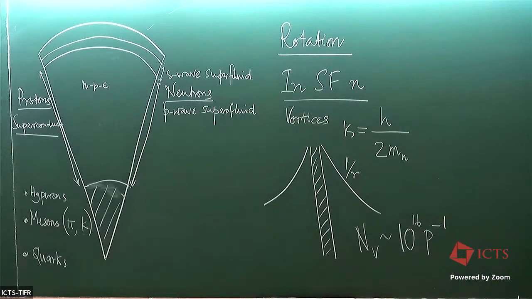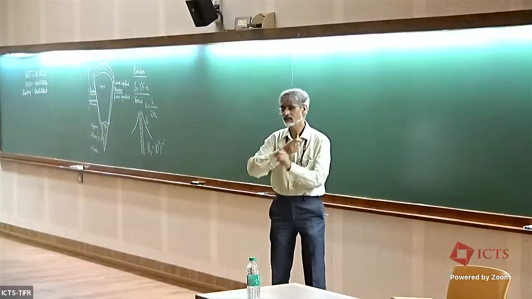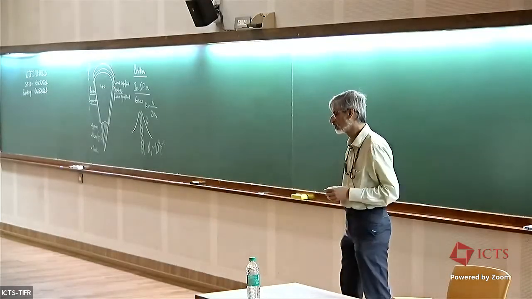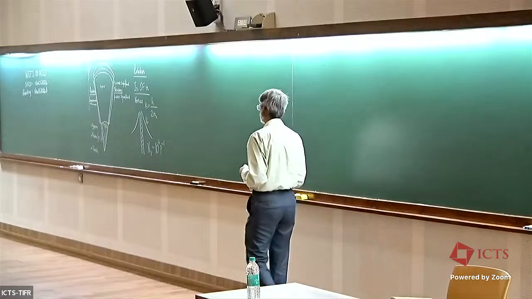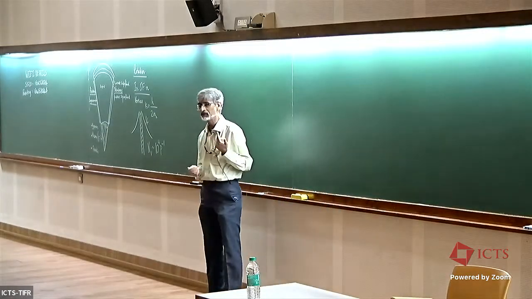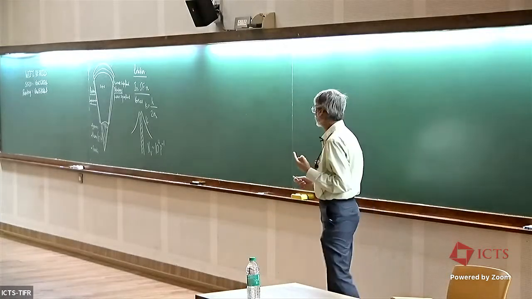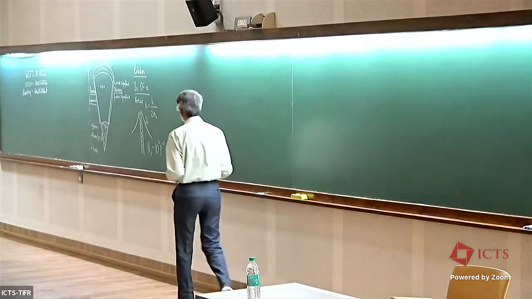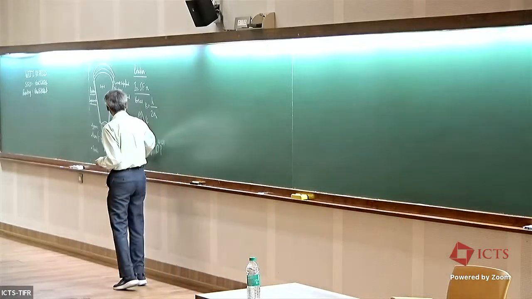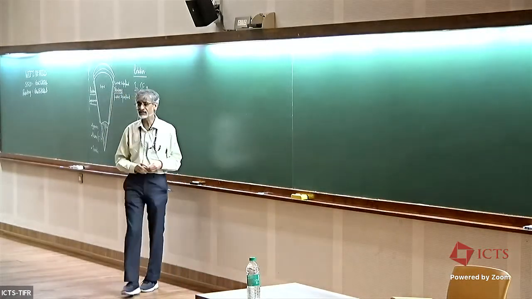When you have P-wave pairing, you have two neutrons, they are actually spin parallel and going around each other in an orbit. This system has a magnetic moment, because neutrons have magnetic moment. So these vortices actually have an intrinsic magnetic moment.